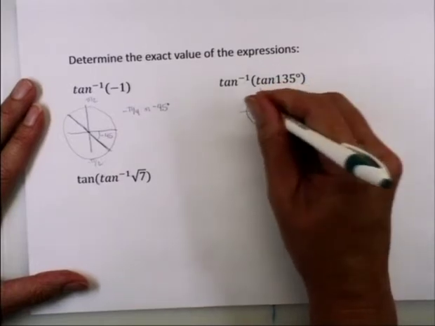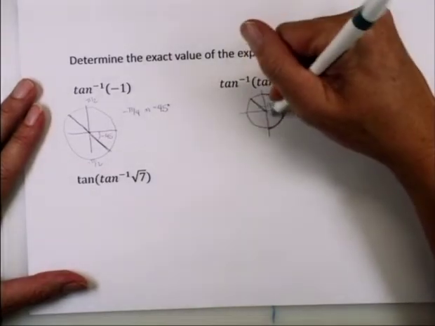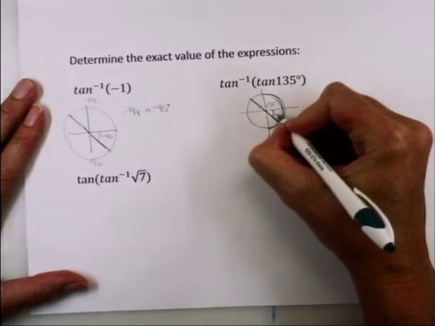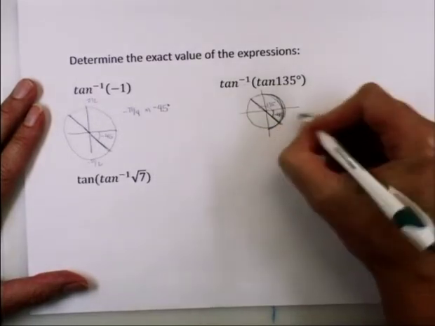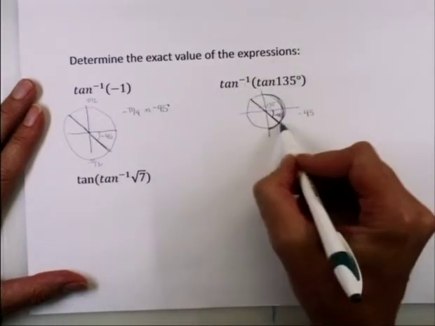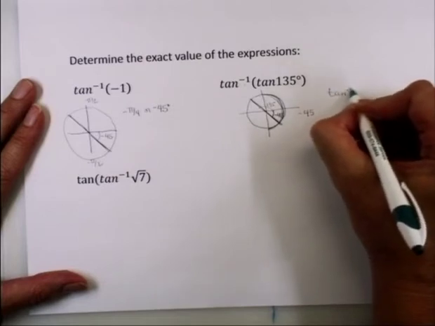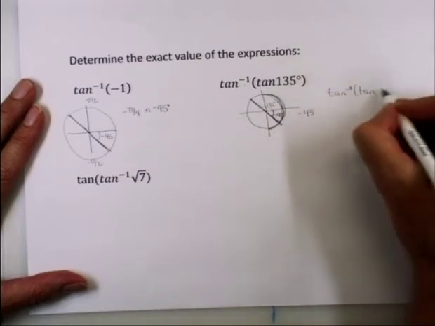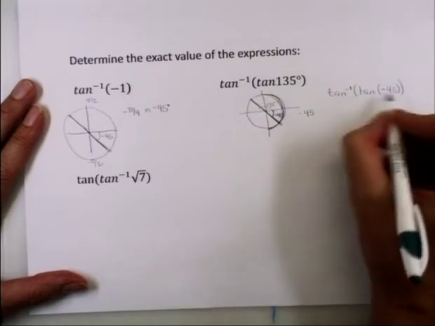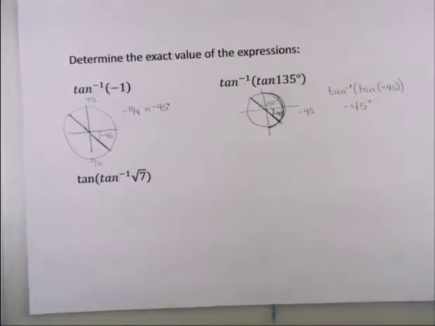Now be careful with tangent, we don't just reflect that over like we do with sine and cosine. On that one we actually send it the other direction. So this one comes down here and is negative 45 degrees. And this number I can use, so I want to rewrite that as the tangent inverse of the tangent of negative 45. And now I can undo that and get negative 45 degrees.